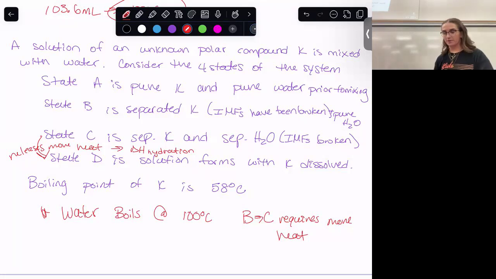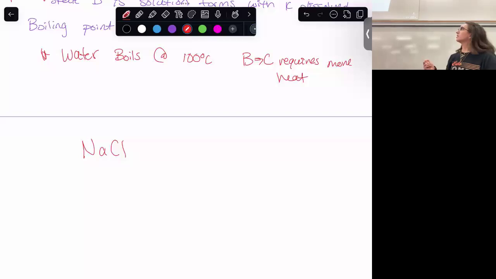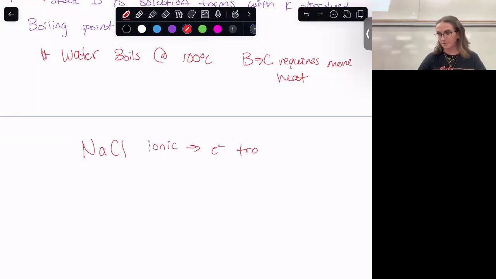Yep. So if we're looking at an ionic compound, if we look at NaCl, for instance, this is a metal and a non-metal. What are electrons doing here? Are they sharing or transferring? They're transferring, right? It's ionic, so electrons transfer.